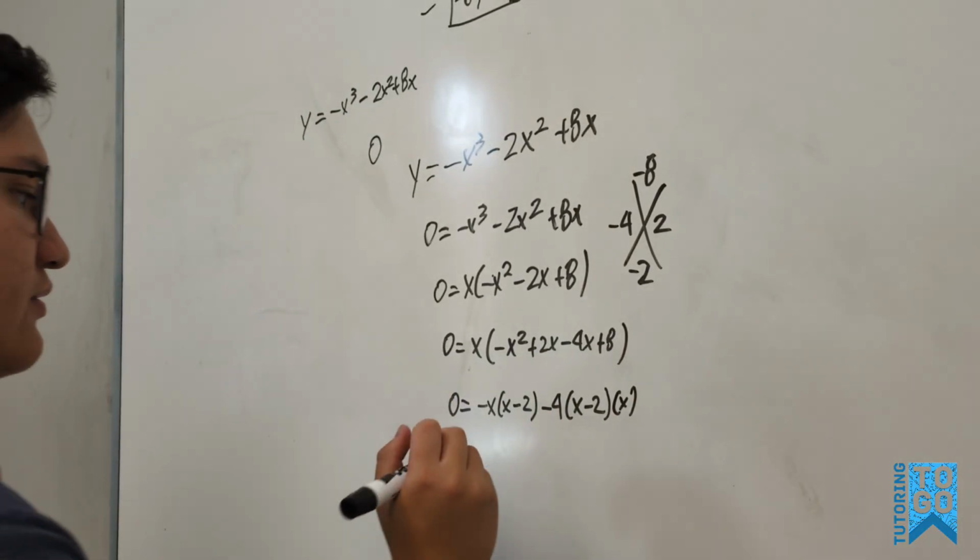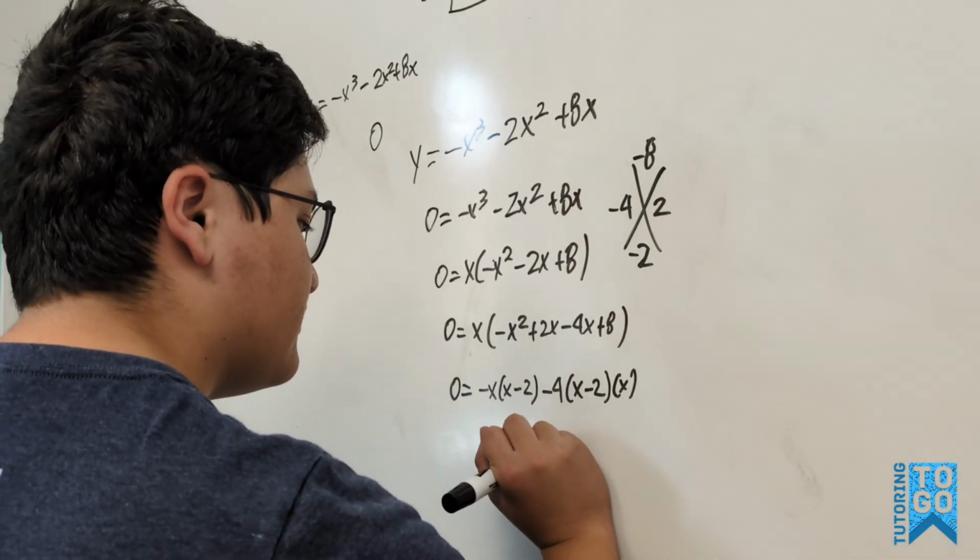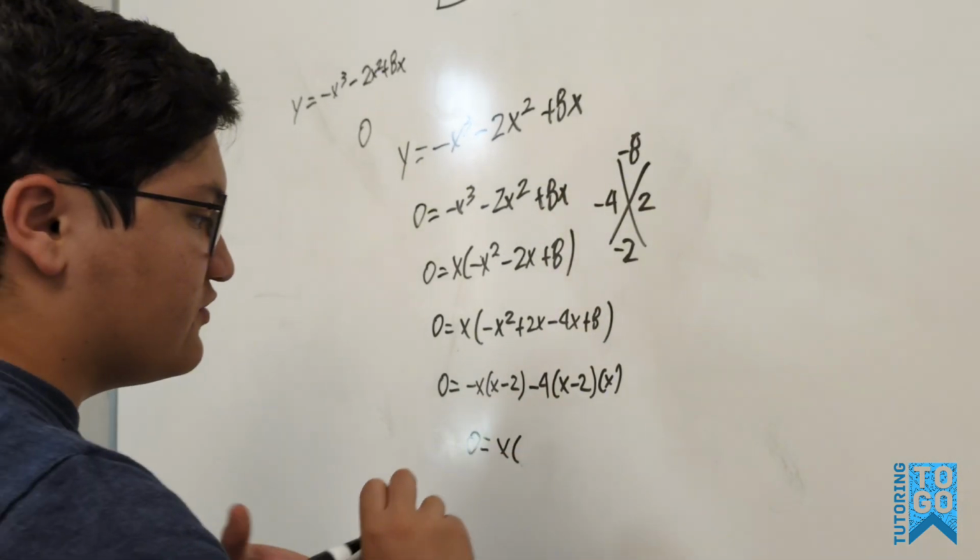Simplifying this equation, it's x times negative x minus 4 times x minus 2.